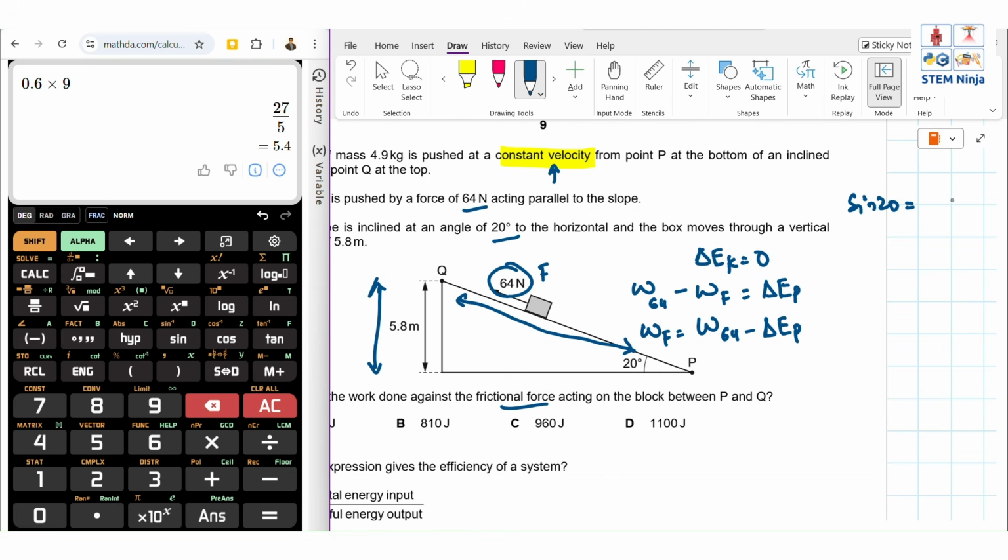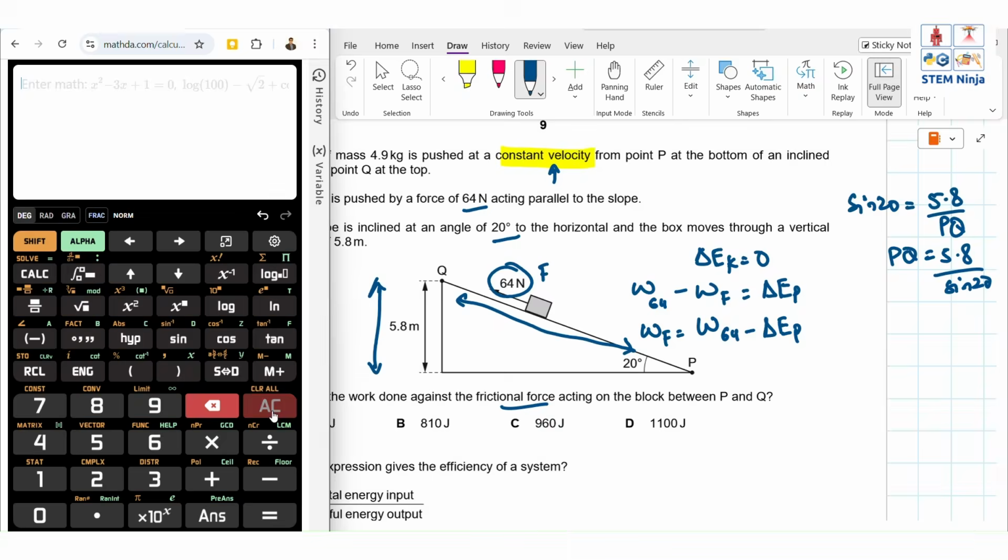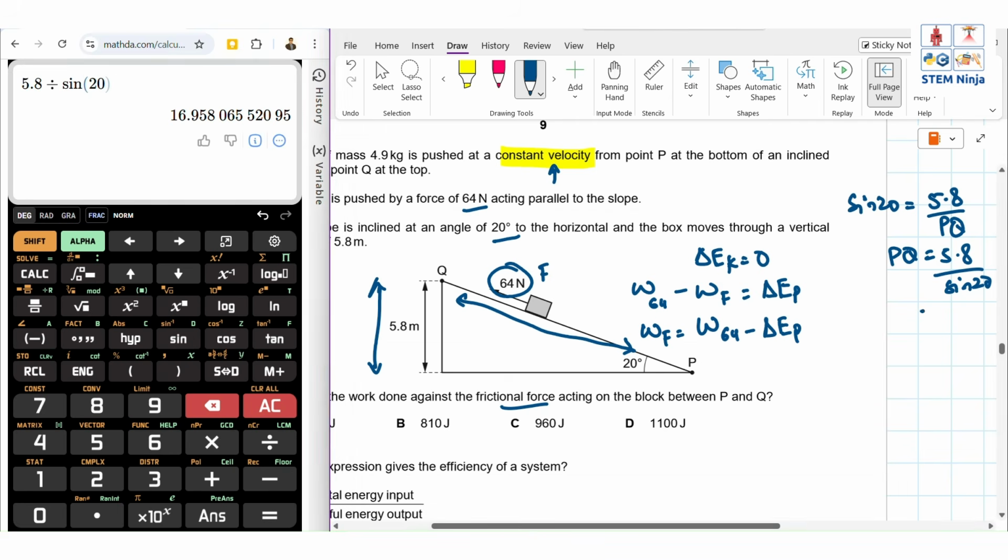So if we can figure out the hypotenuse, so we know that the sine of 20 is equal to 5.8 divided by PQ. So PQ would be 5.8 divided by sine of 20. So this is 16.95.